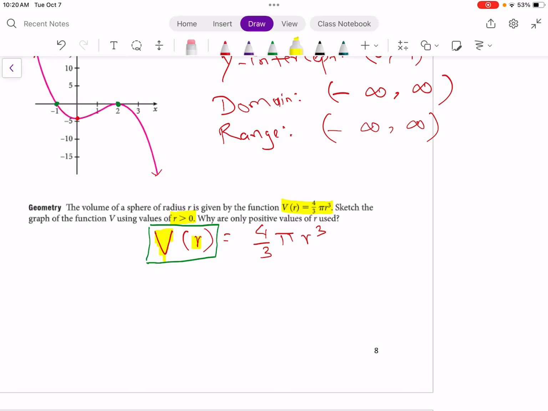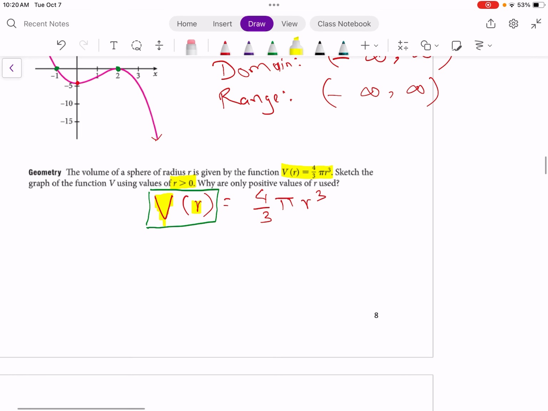Can r be a negative number? R is a radius, a distance, right? So distance cannot be 0. It's never negative. Because of that, our input has to be always greater than 0. Okay, so the domain for this function is from 0 to positive infinity, excluding 0.